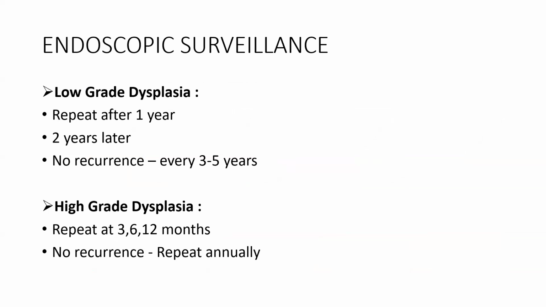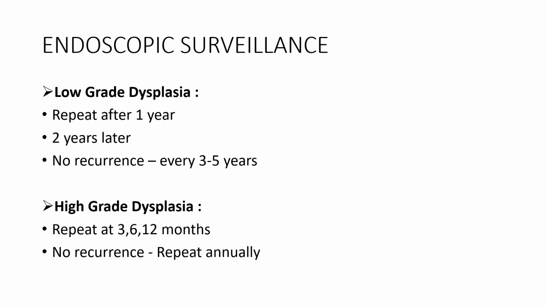Next, endoscopic surveillance must be continued after complete eradication of intestinal metaplasia. Biopsies should be taken of any visible lesions and randomly from the cardia and the distal two segments of the esophagus, where recurrences are most likely to occur. The recommended intervals are as follows. In low-grade dysplasia, repeat endoscopy 1 year after complete eradication of intestinal metaplasia, and then 2 years later.